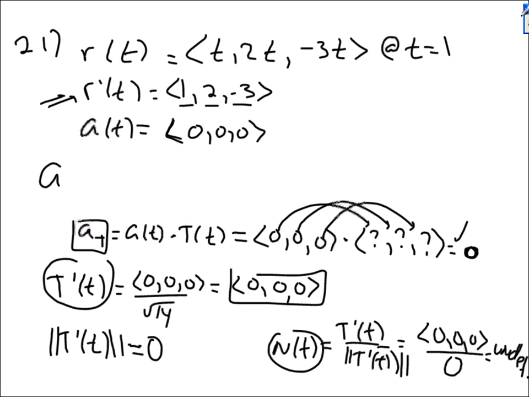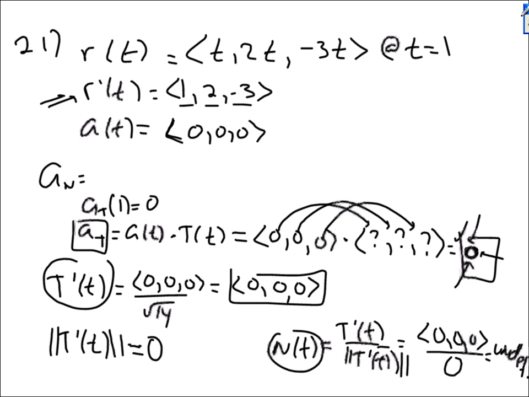Now, a sub N, so now if a sub T is 0, then a sub T at 1 is still 0. It could have been a function of t, but it wasn't. So this number happens to equal 0 when t is 1.